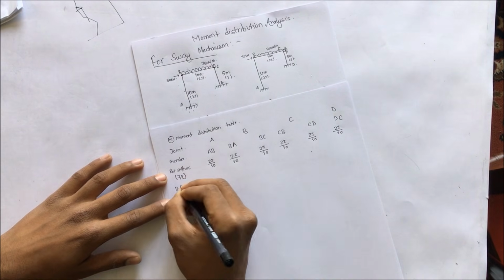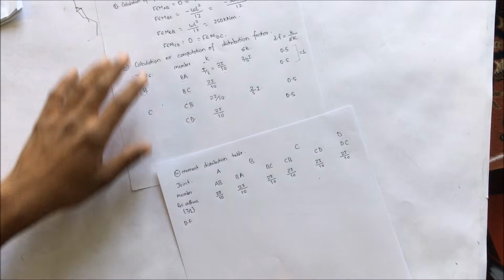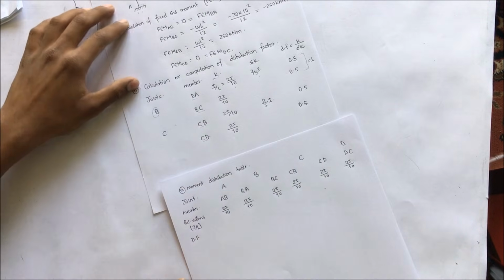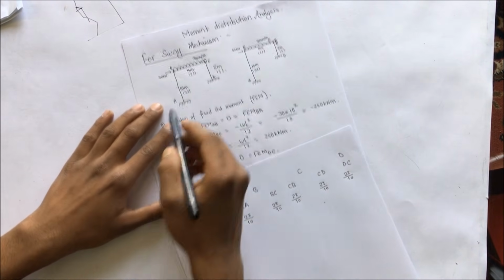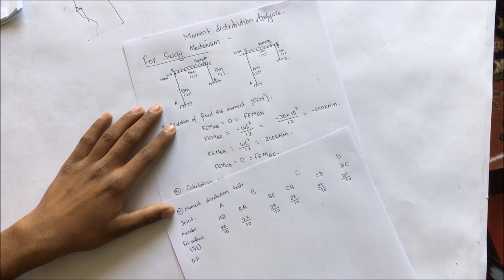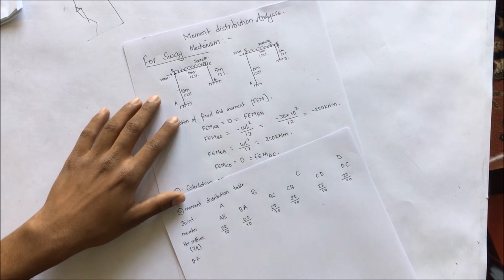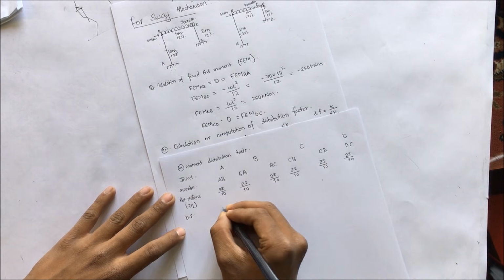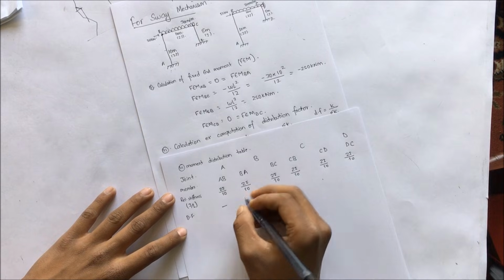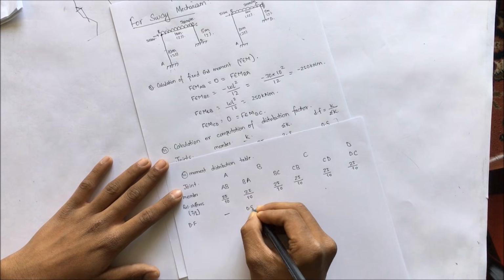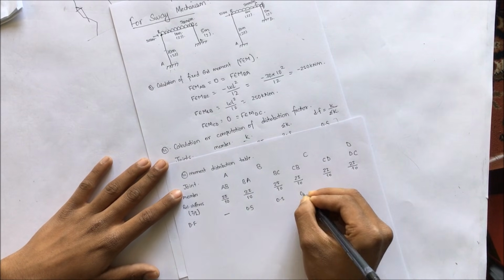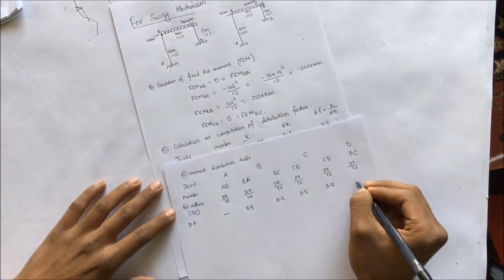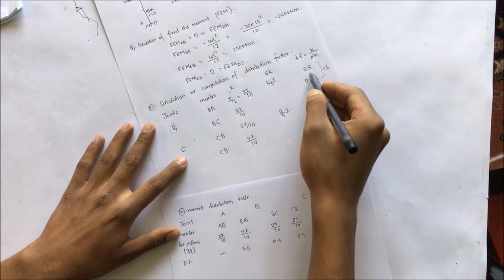Now distribution factor, which is already calculated, 0.5. Now for AB, as I have said, this is a fixed support, so it does not play any role in distribution of the moment, so this becomes 0, that is dash. This is 0.5, 0.5, 0.5, 0.5, and again DC, it is a fixed end, so dash.